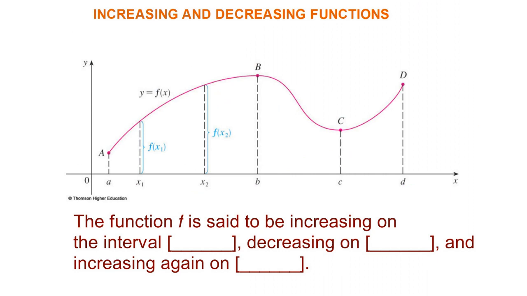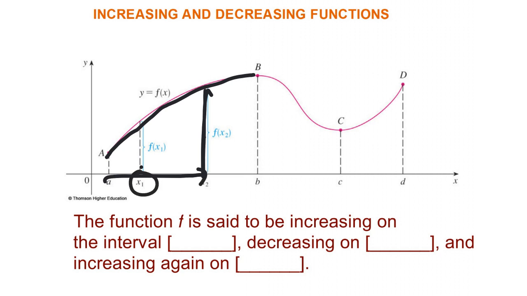All right, increasing and decreasing. So you guys know about increasing and decreasing. So if the function increases, that means every x2, as we go up, it's going to be greater than the one before.